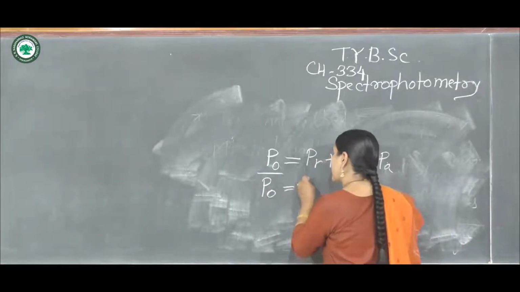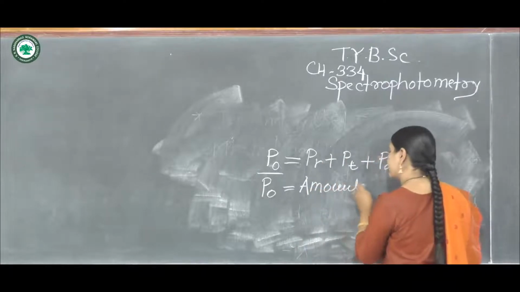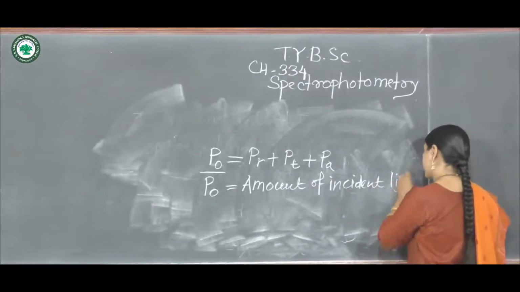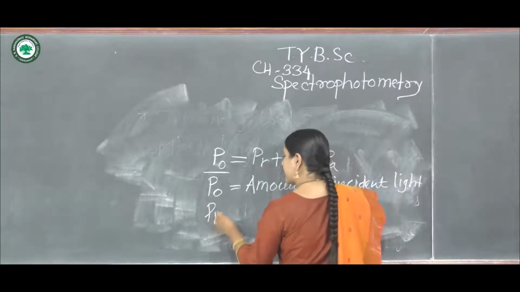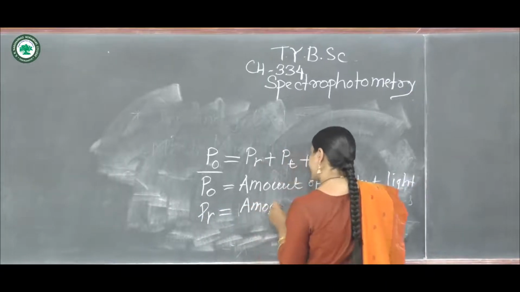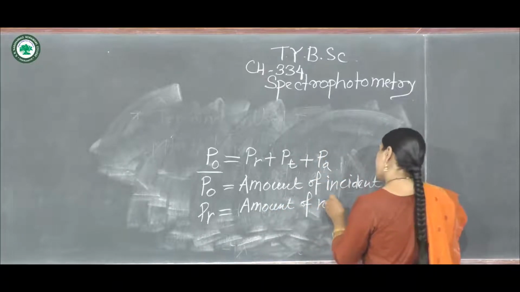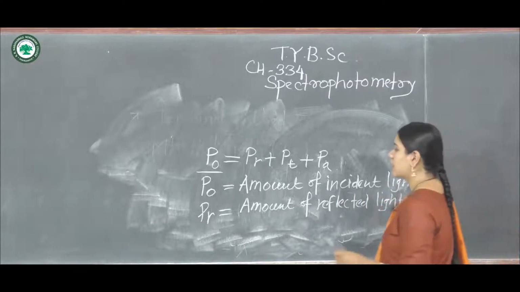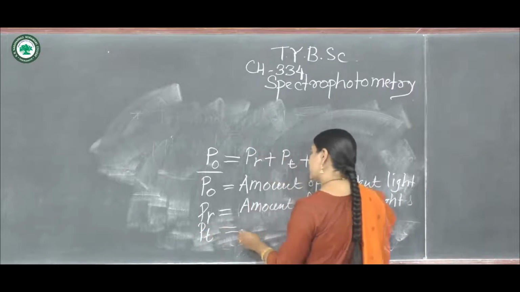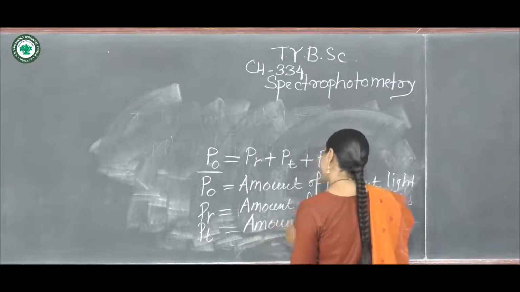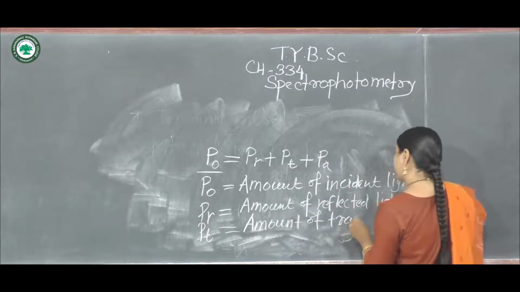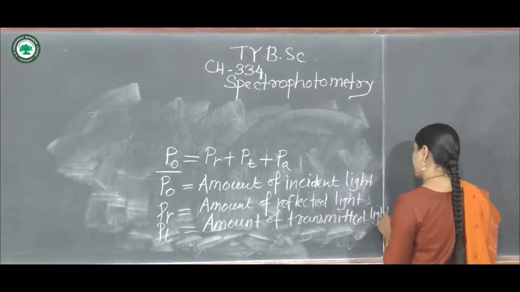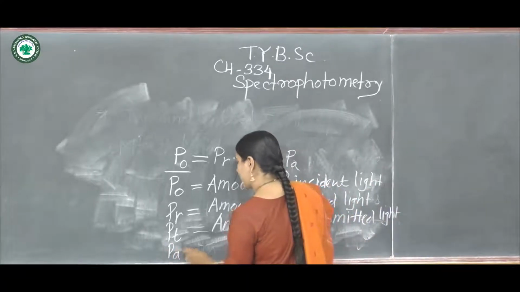P0 is the amount of incident light, PR is the amount of reflected light, PT is the amount of transmitted light and PA is the amount of light absorbed.